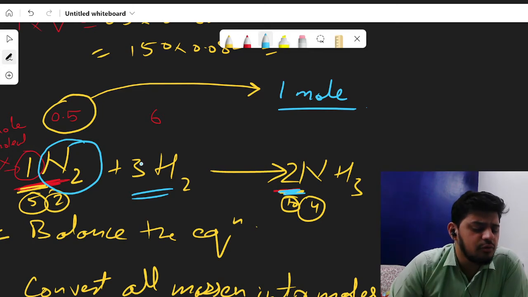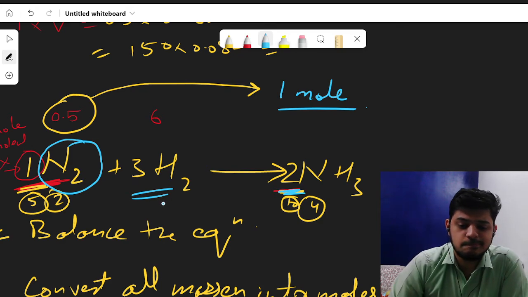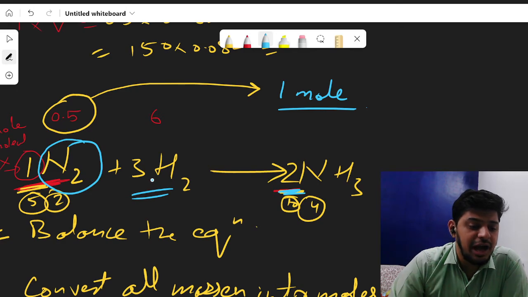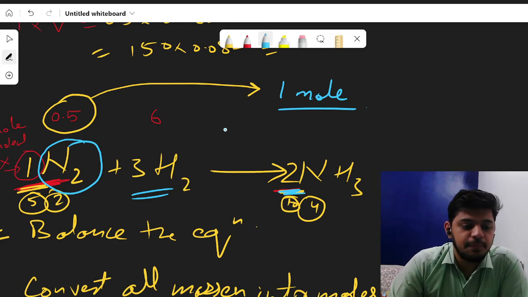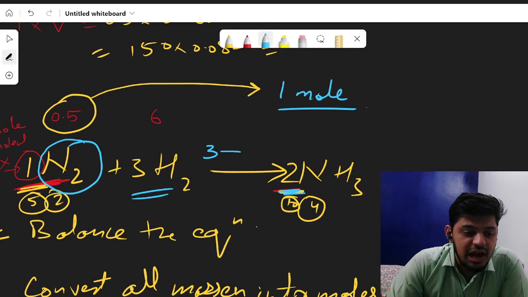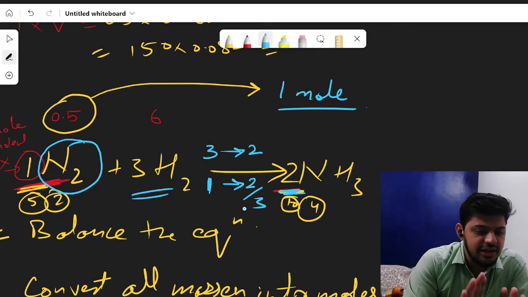Tell me how much ammonia will form if I take 1 mole of hydrogen. See, 3 moles are making 2 moles, so 1 mole will make 2 divided by 3. Simple. You know what I did?